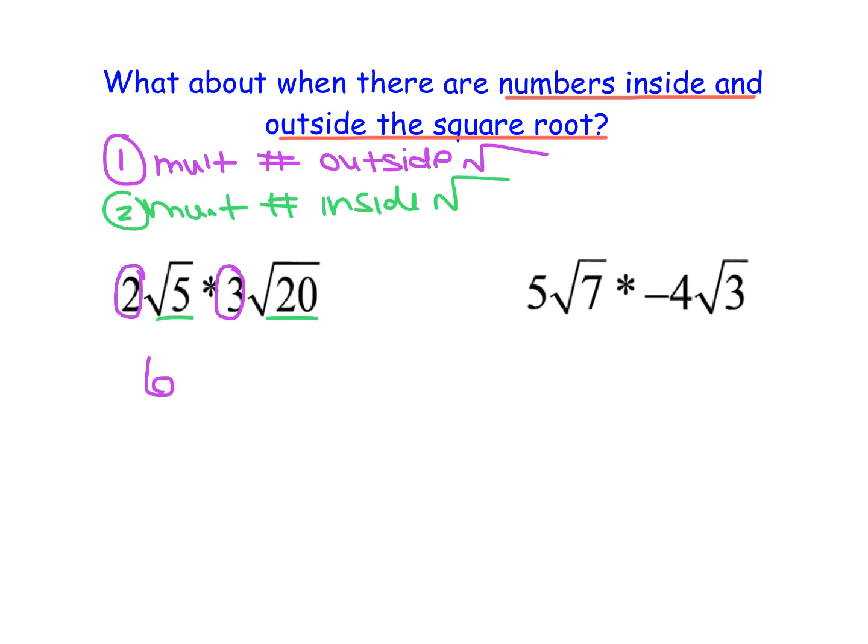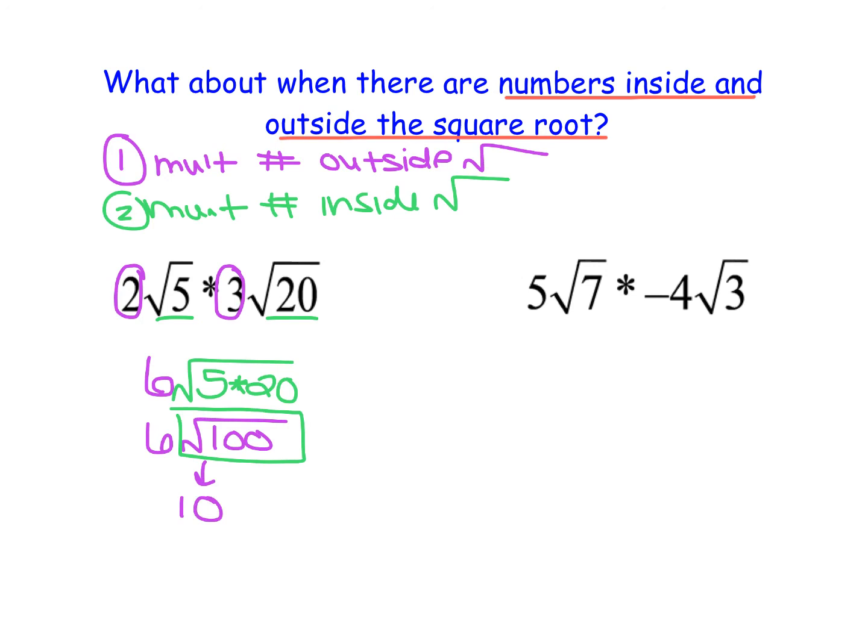So the square root of 5 times the square root of 20 can really be rewritten as the square root of 5 times 20, which is the square root of 100. And then I notice that the square root of 100 is 10. So in place of the square root of 100, I'm going to write just 10 because that's something that it is equivalent to. So here this is now 6 times just 10, which is 60.